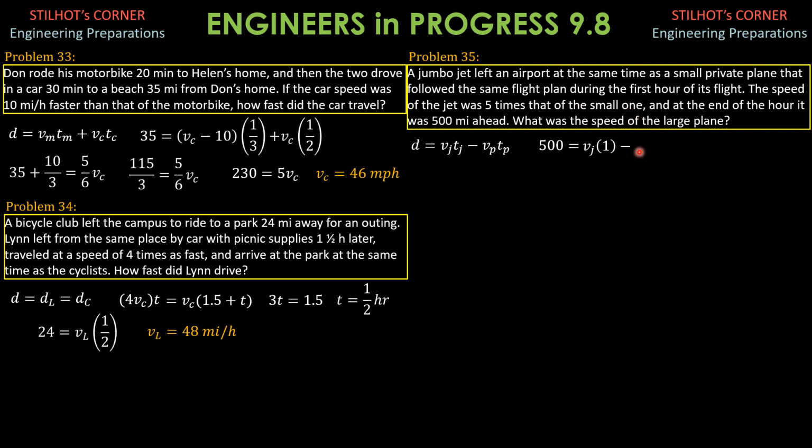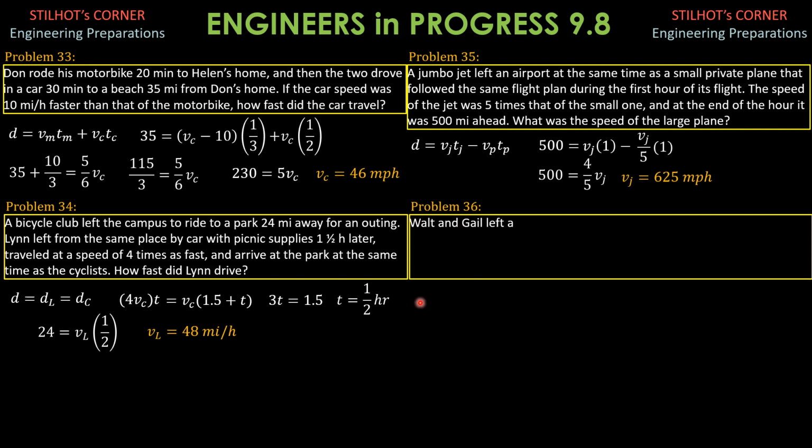So in terms of the speed of the jet, the speed of the small plane is 1/5 of v sub j, or v sub j over 5, and the travel time is also 1 hour. So 500 equals Vj minus 1/5 of Vj, that's 4/5 of Vj. Therefore, we can solve for the speed of the jet, which is 5 times 500 over 4, and that is equal to 625 miles per hour.